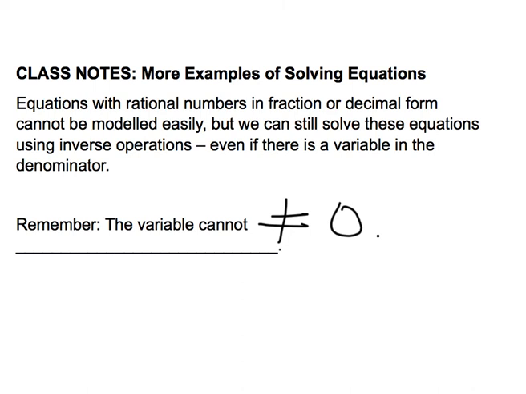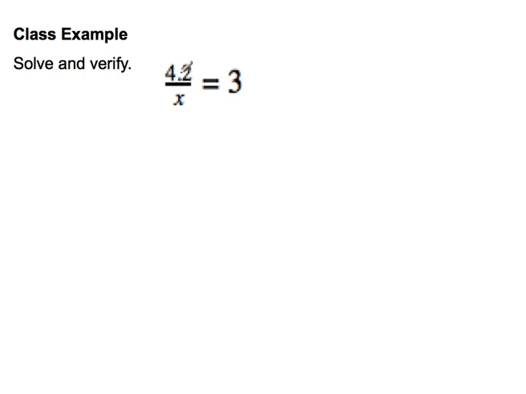So when the variable is in the denominator, like in here, I have 4.2 over x is equal to 3, x cannot equal 0. That is a stipulation. As soon as that denominator is equal to 0, that sends that equation right to infinity, and that's not calculable. It does not exist. There is no solution.